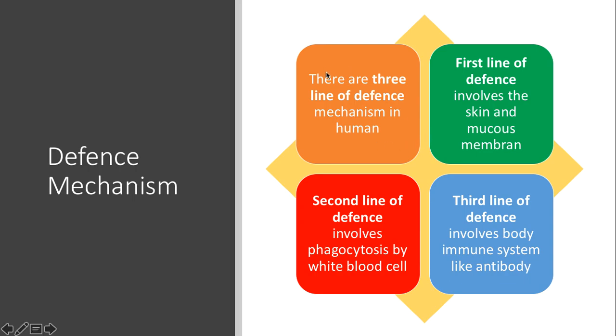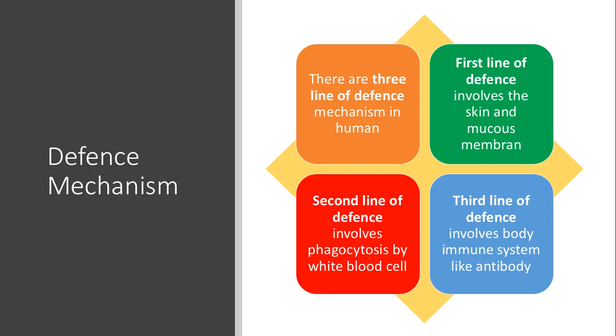So, the first point, there are 3 lines of defense mechanism in human. Ada 3 barisan pertahanan. It's like a war, right? Macam perang. Sebab ada pertahanan pertama, pertahanan kedua, something like that. Okay, so the first line of defense involves the skin and mucous membrane. Barisan pertahanan yang pertama, yang paling luar sekali, adalah skin as well as mucous membrane.